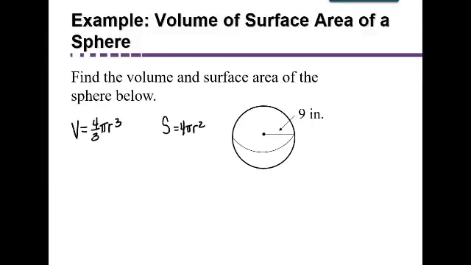Okay, so let's go ahead and calculate. We are given this one dimension, that's all you need, that's your radius. So your volume is going to be 4/3 times pi times 9 cubed, 9 to the 3rd power. All right, so exponents come before multiplication, so let's go ahead and find 9 to the 3rd power.